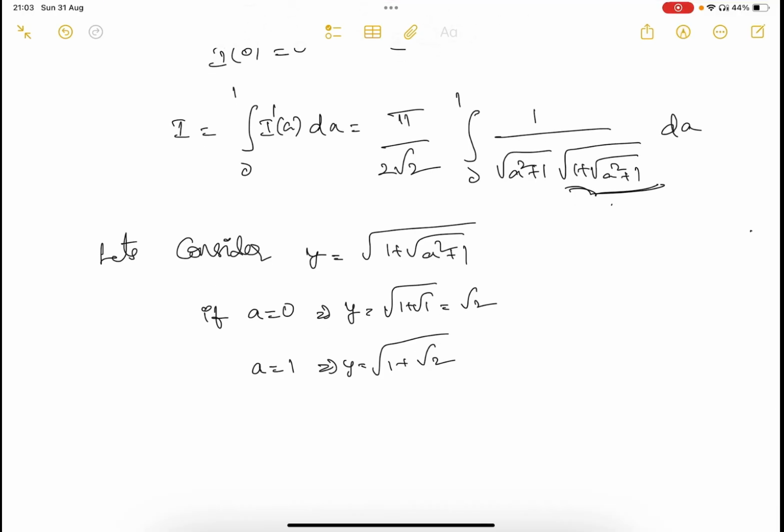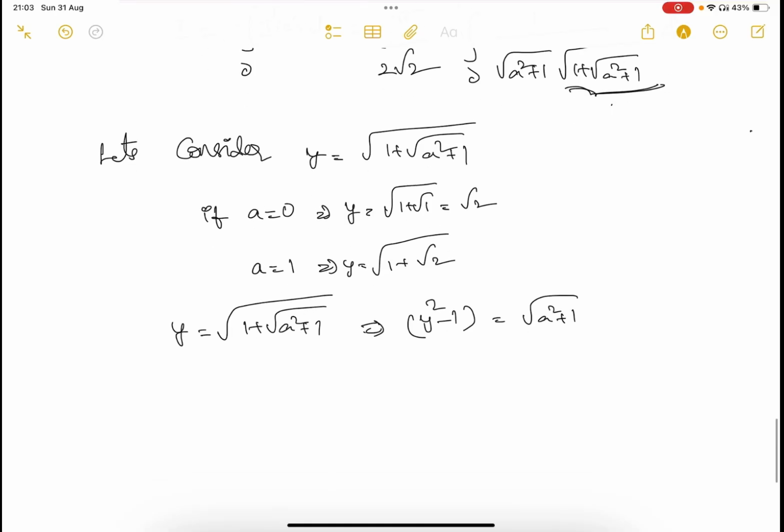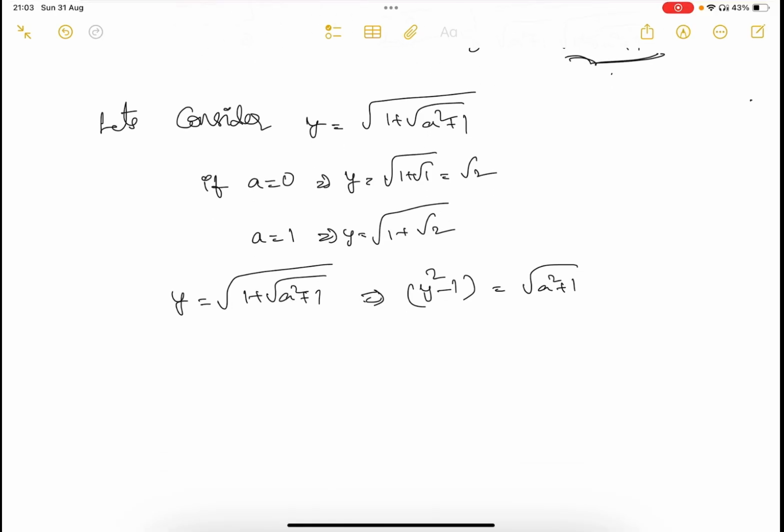Then what about dA? Here y is root of 1 plus root a square plus 1, right? That implies y square minus 1 is root a square plus 1. Fine. Then this can be written as 2y dy equal to 1 by 2 root a square plus 1 into 2a dA, right?